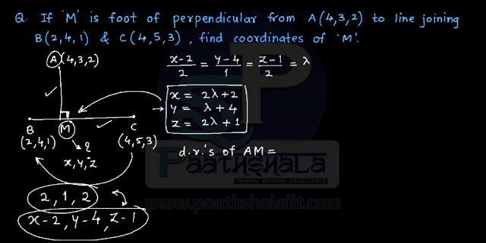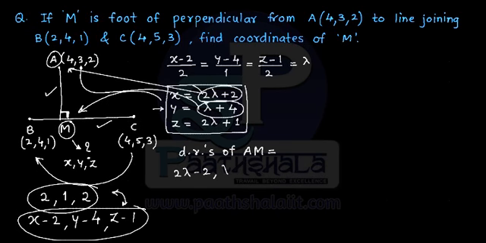Now here what we'll do is we will merely subtract the coordinates, that is 2 lambda plus 2 minus 4. Correct. So they are 2 lambda plus 2 minus 4, that is 2 lambda minus 2. Then from lambda plus 4 we will subtract 3, so that turns out to be lambda plus 1. And lastly we have 2 lambda plus 1 minus 2, so therefore that turns out to be 2 lambda minus 1.